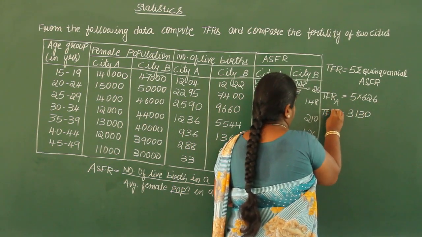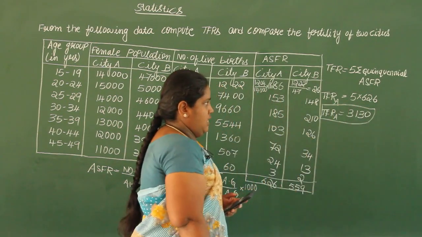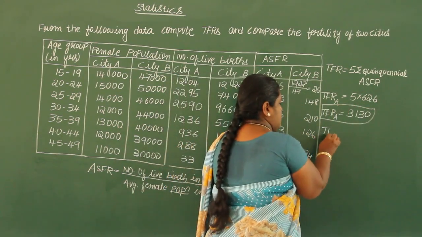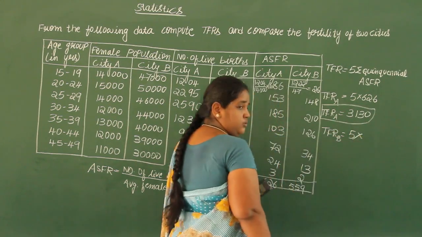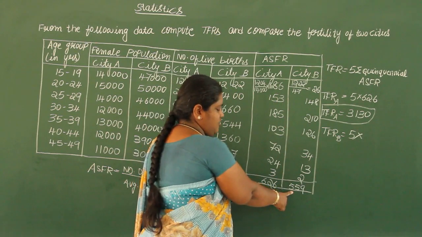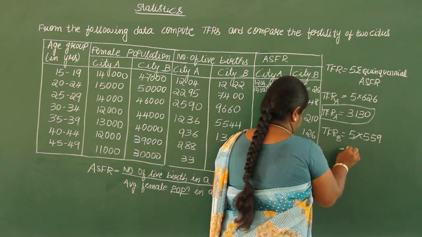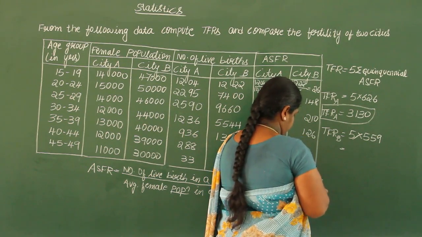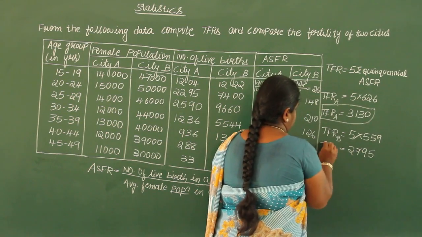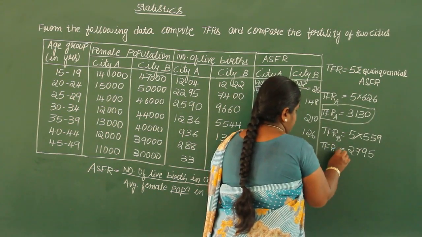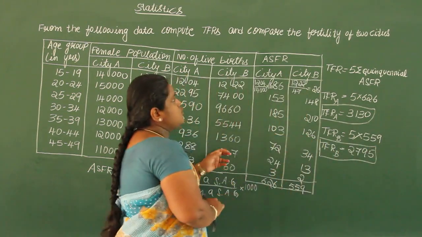So TFR of A is 3,130. Similarly calculate TFR of B. So it is 5 into the total ASFR of population B, which is 559. So 5 into 559 will get 2795.